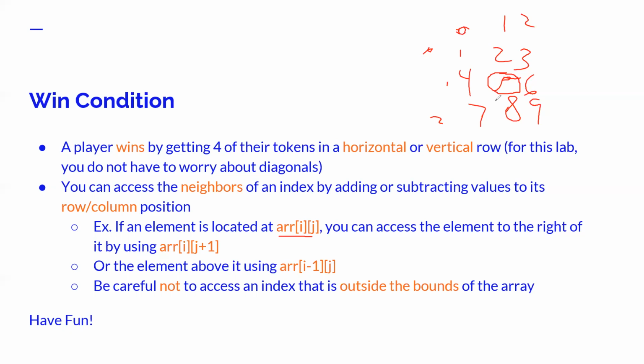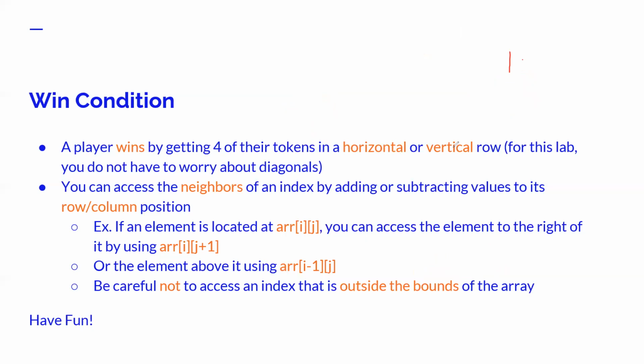The row is i, so I can just do i minus 1, j. The one right above it is 0, 1, and the place we're in right now is 1, 1. So i minus 1, j gives me row 0 and column 1. Same column, you just subtract 1 from the row, and that puts you up 1 position.